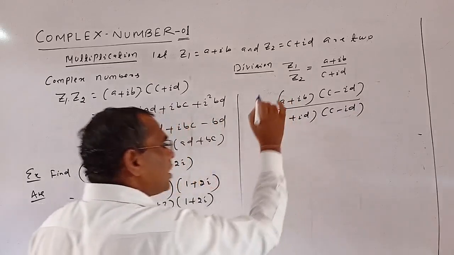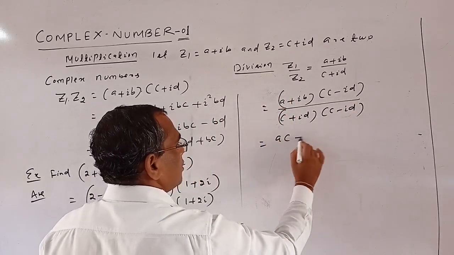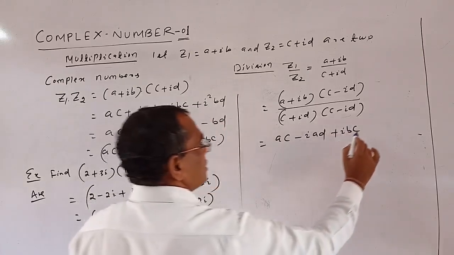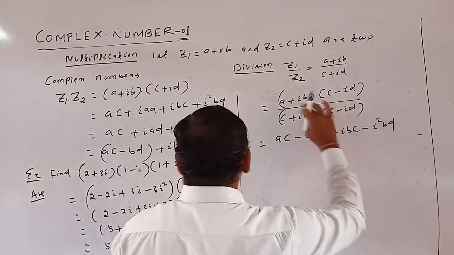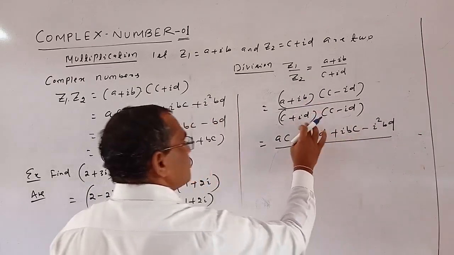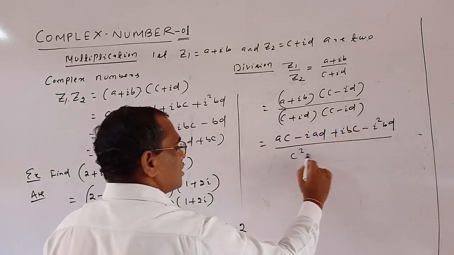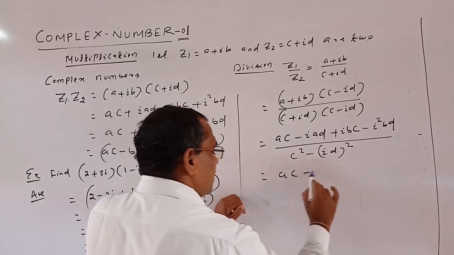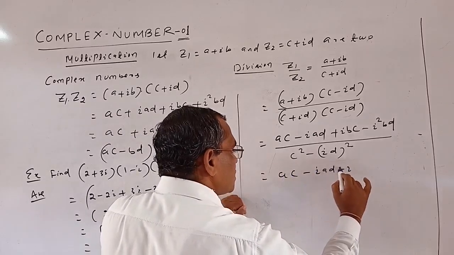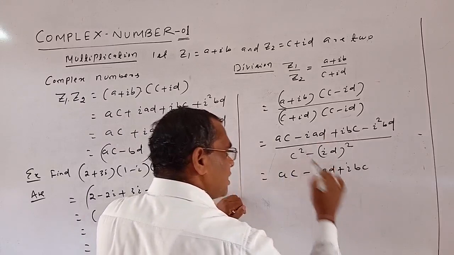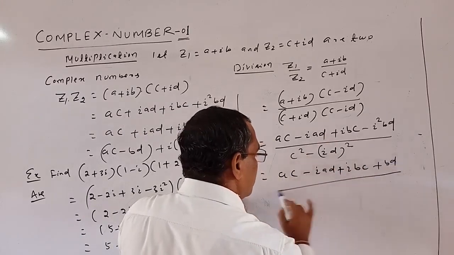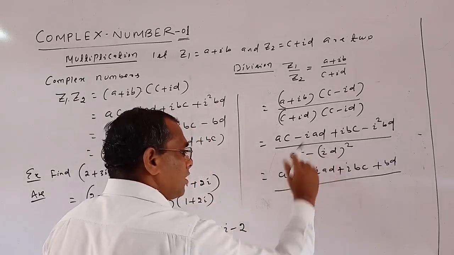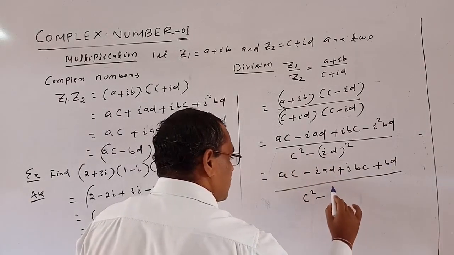Okay, now multiply simply: ac minus i ad plus i bc minus i square bd, whole by (a plus b)(a minus b). Use the formula c square minus i into d whole square. Okay, so this is ac minus iad plus ibc, i square means minus 1, so plus bd, whole by c square, minus i square d square, that is plus d square.